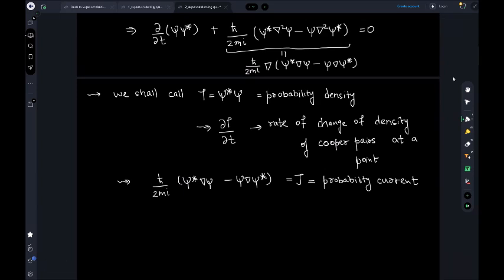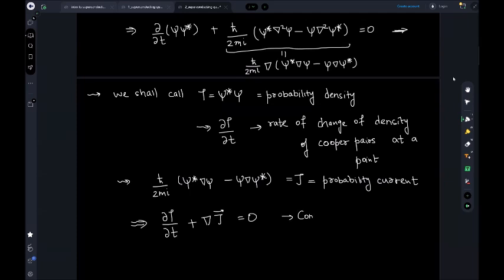With this little trick, as you might say, we can rewrite this equation as follows. And this is a very well-known equation. You might even recognize it from classical physics.